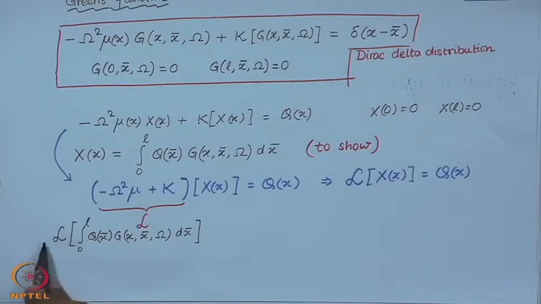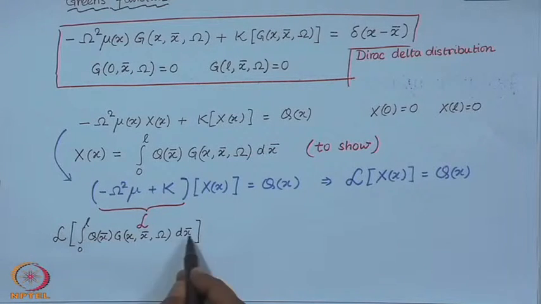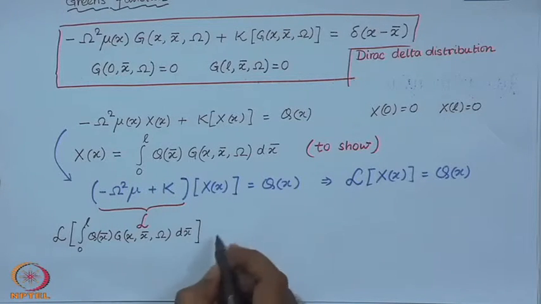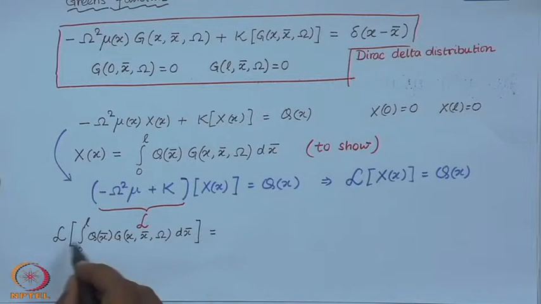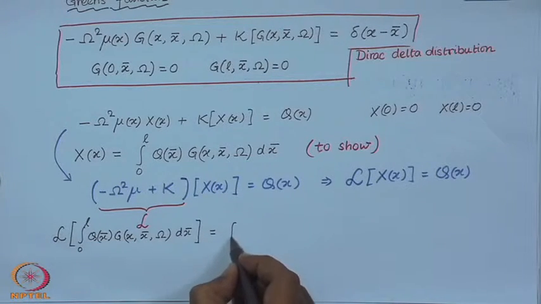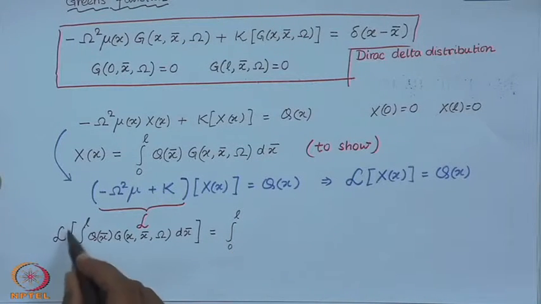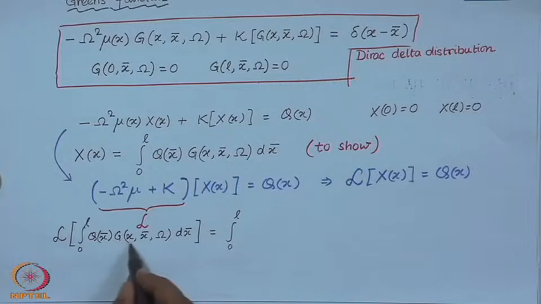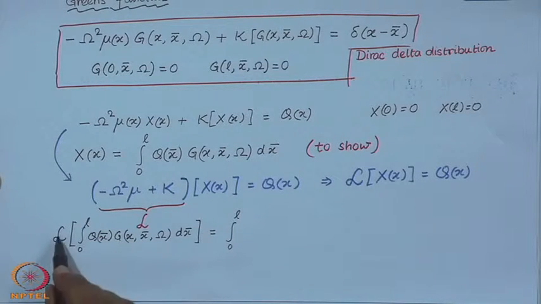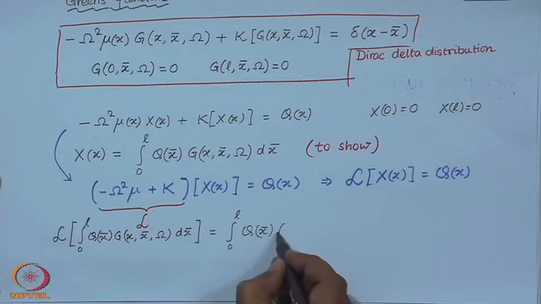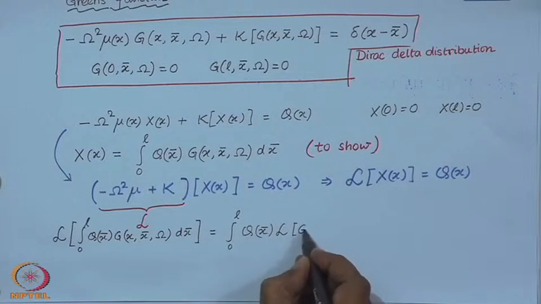So, I assume that this can commute with this integral, because this integral is over x bar, and L is an operator on x. So, here I can interchange the integral and the operator, and since L acts on functions of x, it will act only on g.